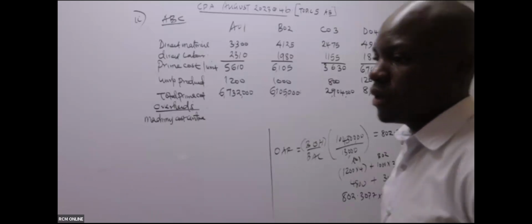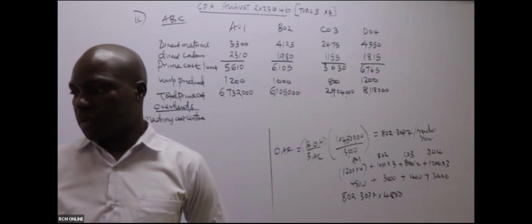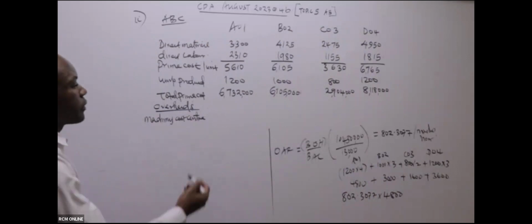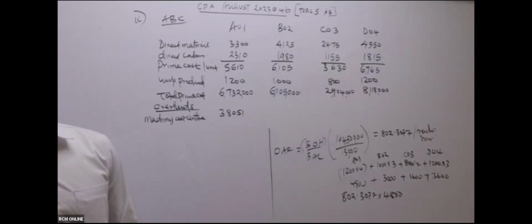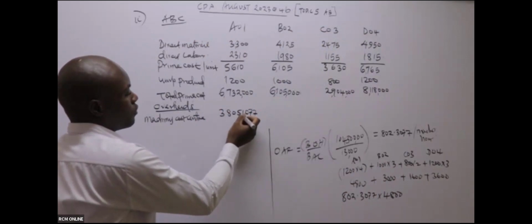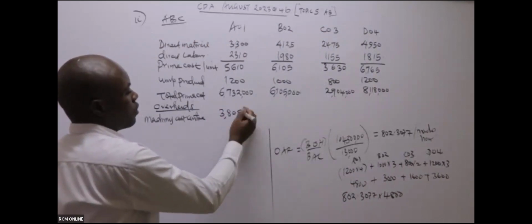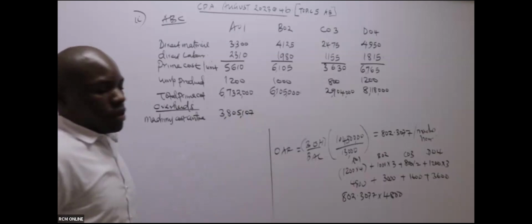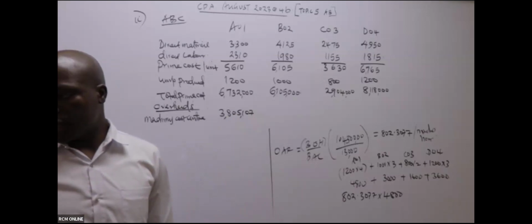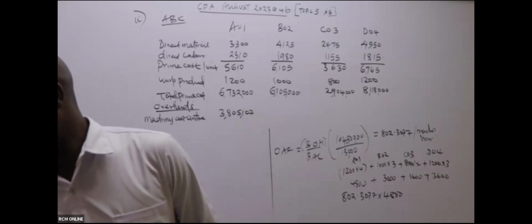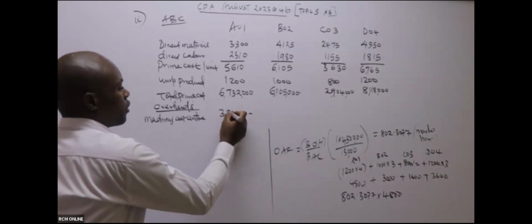Please give me this to the nearest whole number. 3,851,077. 3,851.